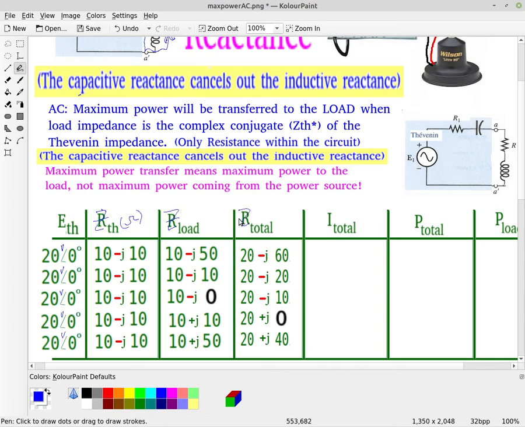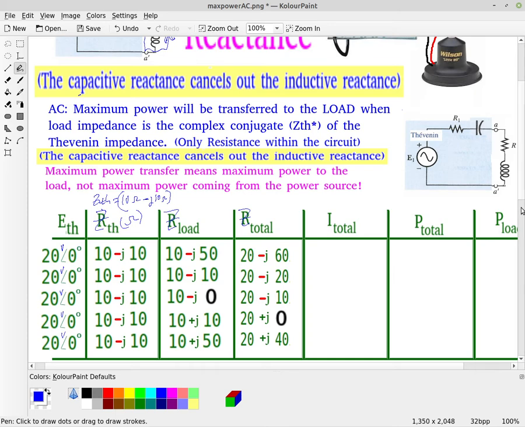These are impedances, so they have both resistance and some reactance. Z Thevenin is given as a 10 ohm resistor with a 10 ohm reactance, and it's negative, so it's a capacitive reactance. That is the Z Thevenin.